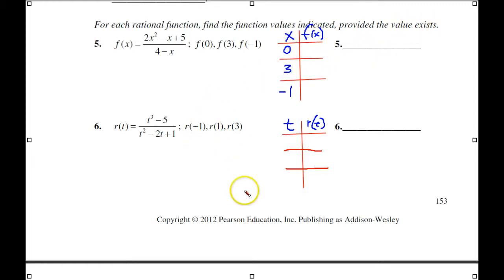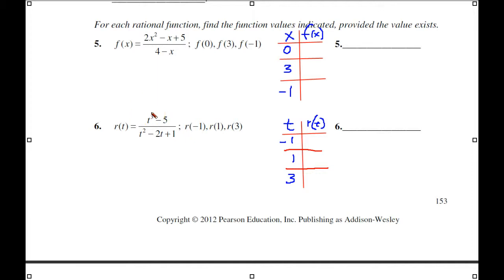So again, a strategy for doing this would be to make a t-chart to help organize your answers and kind of tie it into things we've done in the past. And then these are your values of t over here, -1, a 1, and a 3. Now again, as you put any of these into your system and do your substitution, if they make the denominator a 0, then that is undefined. That value does not exist.